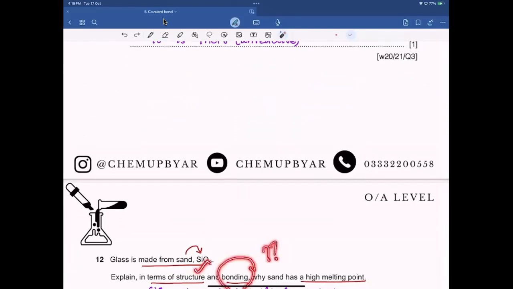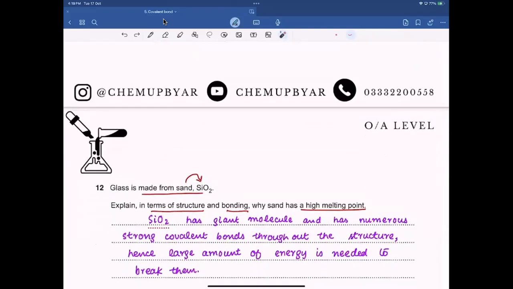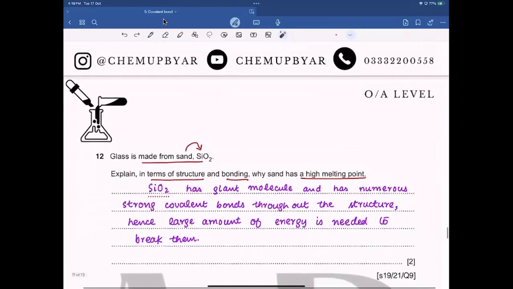Strong covalent bonds throughout the structure. They have strong forces of attraction. Yes, strong covalent bonds throughout the structure, hence a large amount of energy is needed. So you guys are not recalling the things.